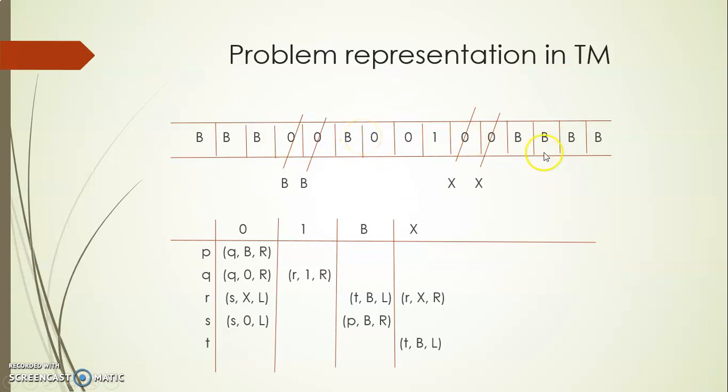One way is that you can come back, convert this 1 to blank, and reconvert this blank to 0. Another way is that while coming back, these X should not be there, so all these X must be converted to blank. Then this one can be converted to 0.